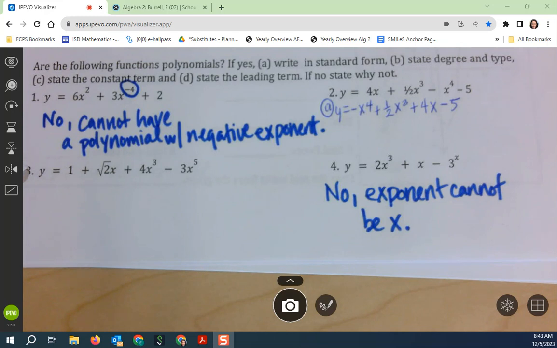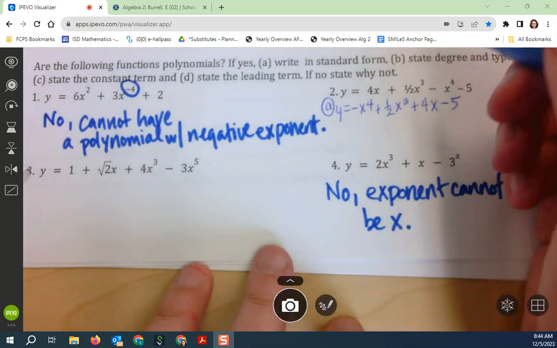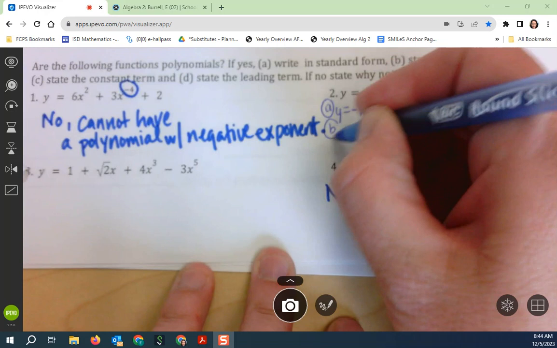What's the degree? Look at the top about what degree means. What is the degree of this polynomial, Layla? 4. Who agrees with 4? One person does, 2 people do, 3 people do. Nice. Okay, it's right. So the degree is 4 because it's your biggest exponent.